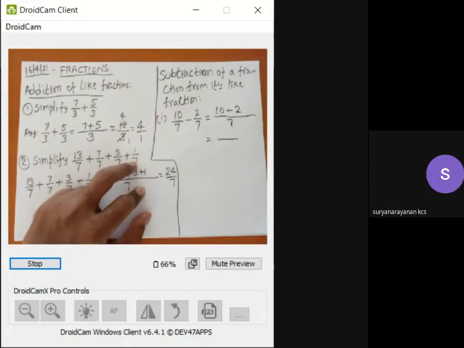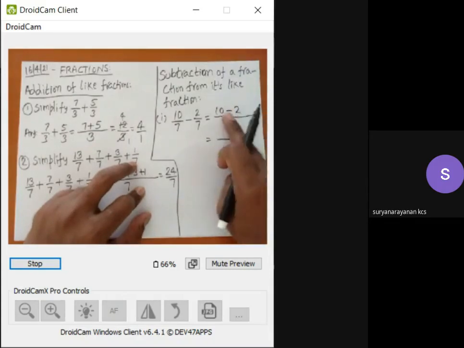Yes, sir. Some audio problem is there, my dear Krish? Tell me, Krish, what will you get in the numerator? Srujana, can you tell me what will you get in the numerator?